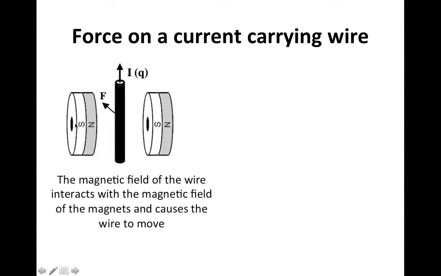So here you have two magnets and a wire in the middle. If the wire is going up, it's going to create a magnetic field that is counterclockwise, kind of going around like this. So the magnetic field of the wire interacts with the magnetic field of the magnets, and it's going to cause the wire to move into your screen.